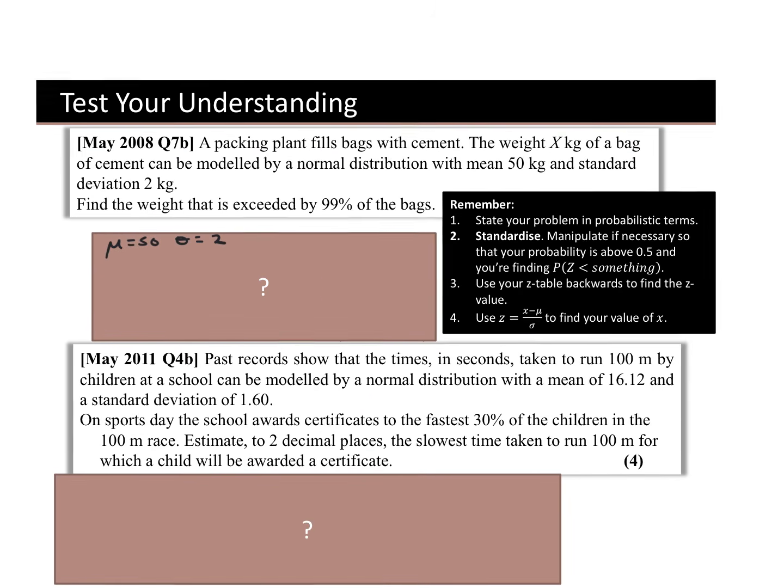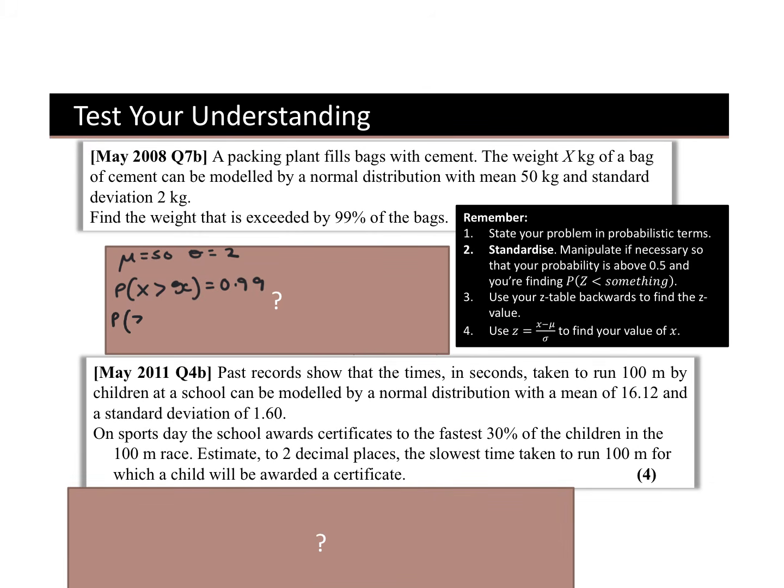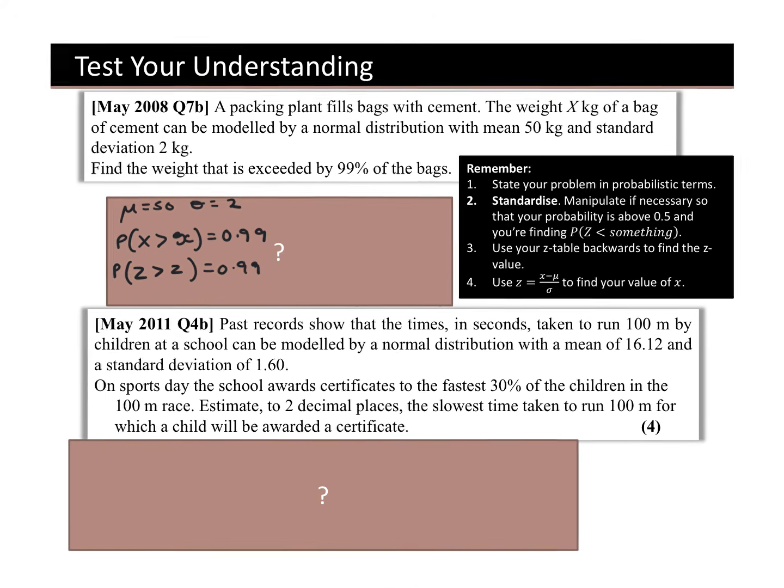So we want the probability that X is greater than x equals 0.99. Okay, using our table, this is the probability of Z being greater than z equaling 0.99. But guess what?